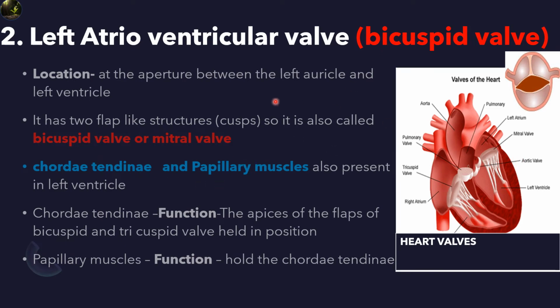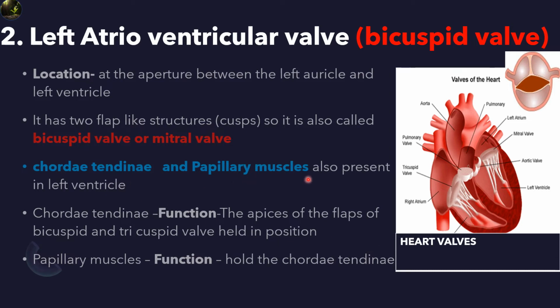Here is the location. It is located at the aperture between the left auricle and left ventricle. Then, the same as the tricuspid valve, the chordae tendineae function is the same, and papillary muscles also the same.